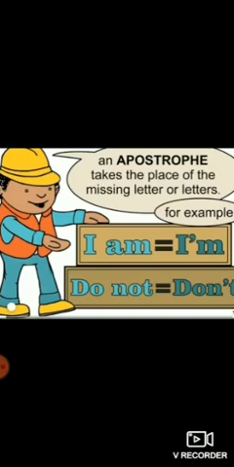So an apostrophe takes the place of the missing letter or letters. Here we used apostrophe instead of the letter a. Don't. Here we used apostrophe instead of the missing letter o.